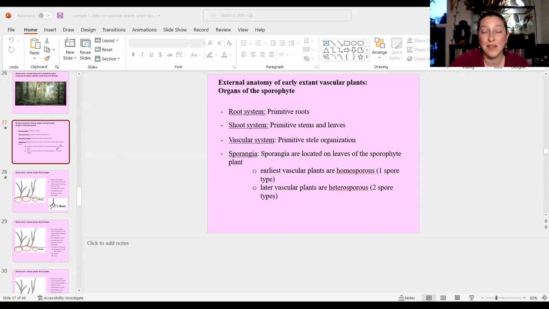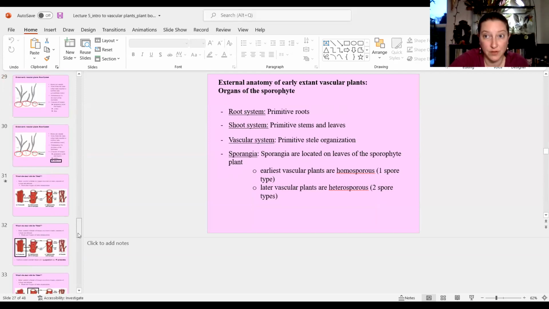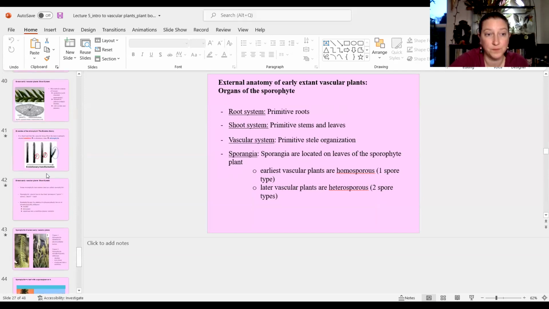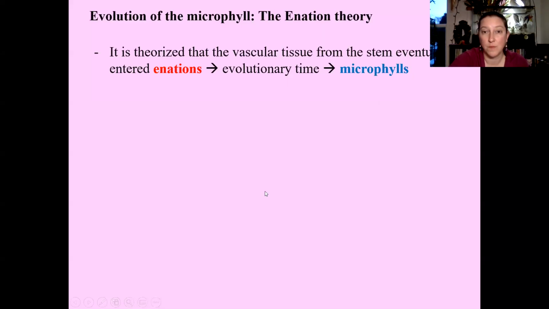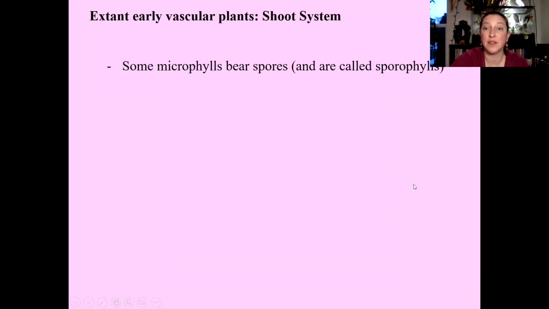These plants only have, so far that we've learned about, microphylls. That's the only leaves they have so far. And so if the sporangia are on leaves, the sporangia are on microphylls. If a microphyll has a sporangium on it, we call it a sporophyll. Phyll, remember, means leaf. So a microphyll is a micro, or super small, leaf with one vein.